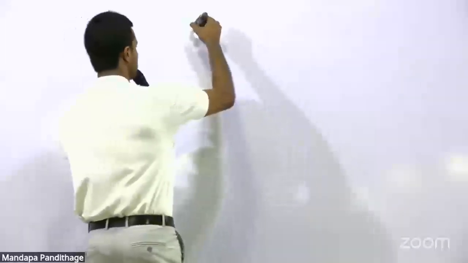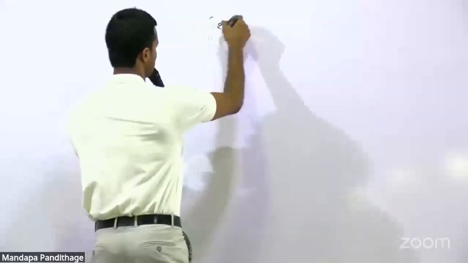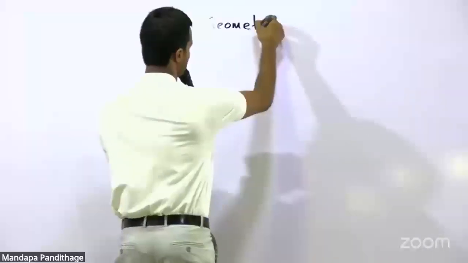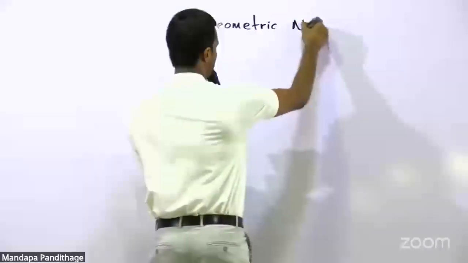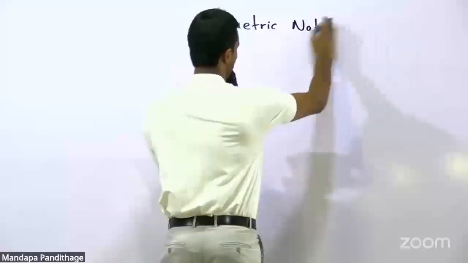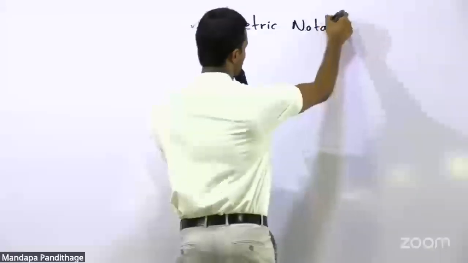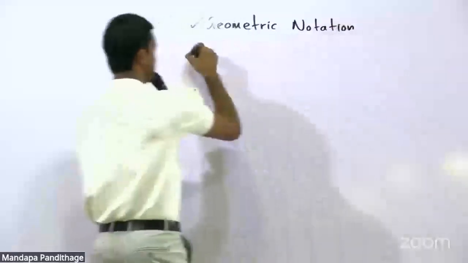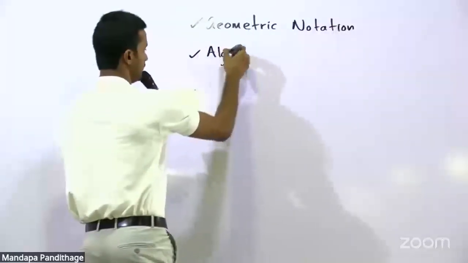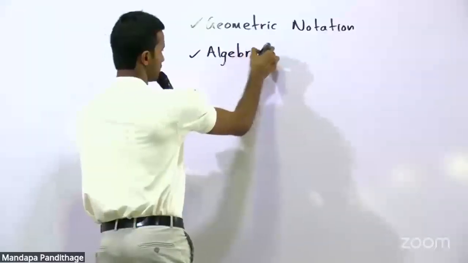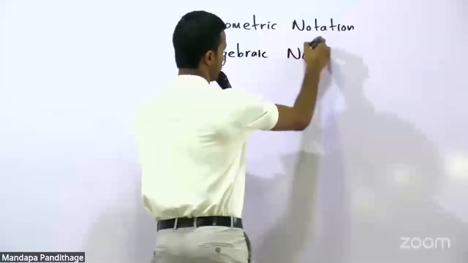One way is the geometrical notation, and the other one is the algebraic notation. These are the two main notations we are going to use to denote a vector.